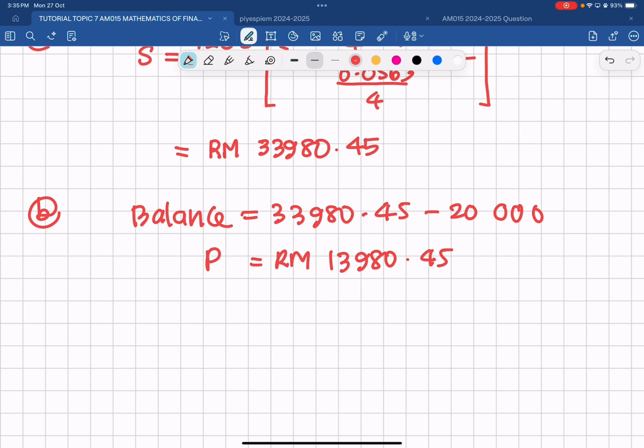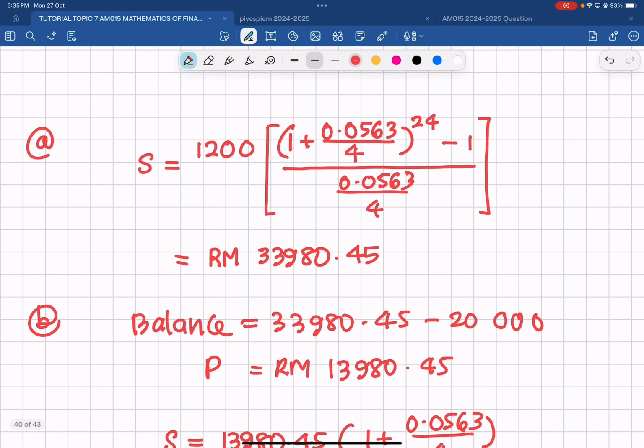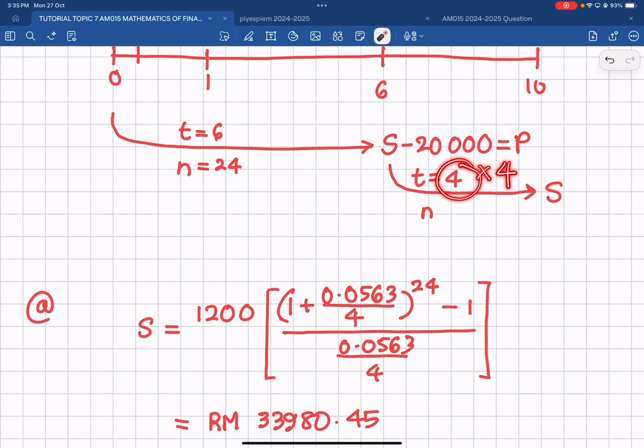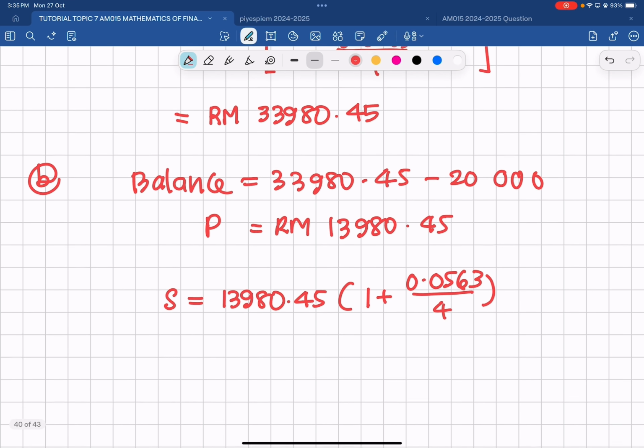Alright, so put into the formula. S equals P, 13980.45 times (1 plus 0.0563 divided by 4). And what is our new N? Sebab T kita tu 4, 4 darab dengan M. M kita pun 4. 4 darab 4 dapat 16. So kuasa 16 sekarang.